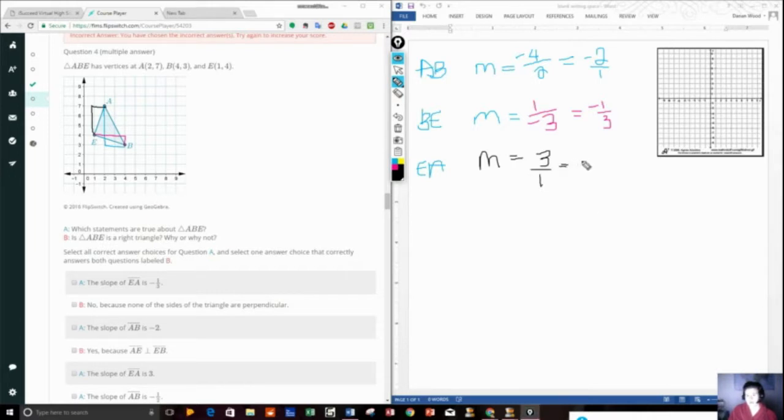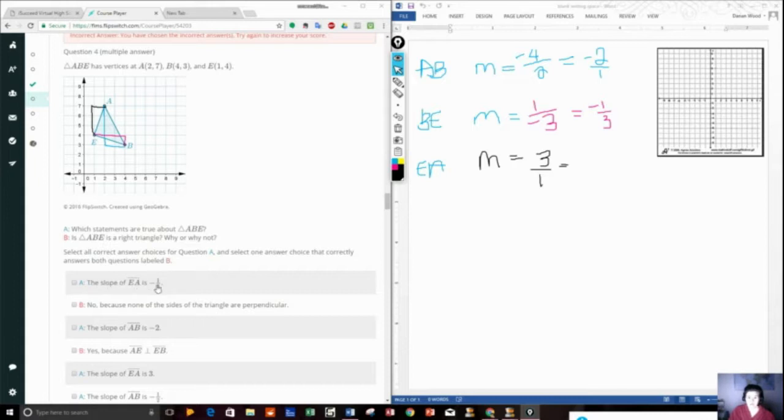So we have 3 over 1 is 3. But I'm going to leave it in this fraction form so I can compare opposite reciprocals when I check for perpendicular. So the first thing I'm going to do is go through and identify my slope.